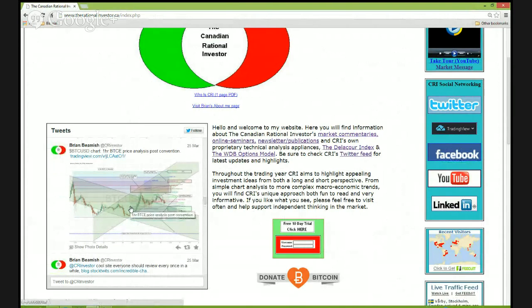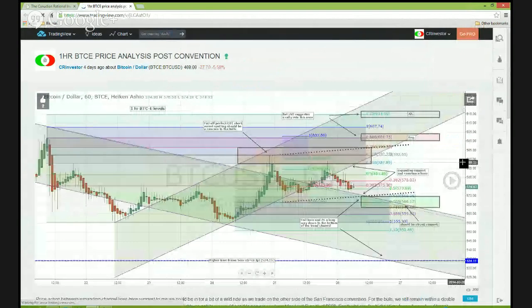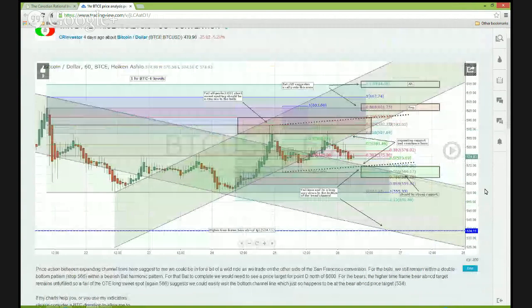This is probably a really good chart to look at. Okay, so this is a 60-minute BTC chart, and I like using this one because it seems to be relatively common amongst the community. There are a number of different people that use different exchanges.